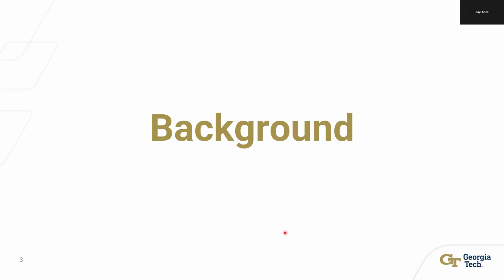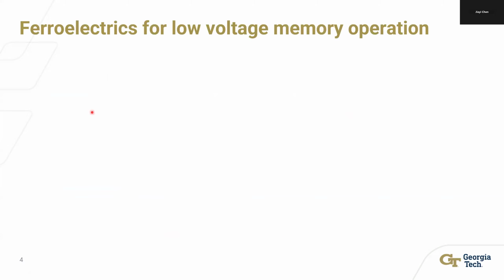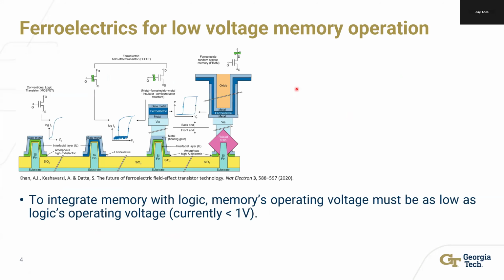So let me say something about the background. We want to use ferroelectric materials for low voltage memory operation because in the vision for future semiconductors, we want to integrate memory, the top layer, with the logic transistors, which are the bottom layers, to reduce interconnects and for better scalability.